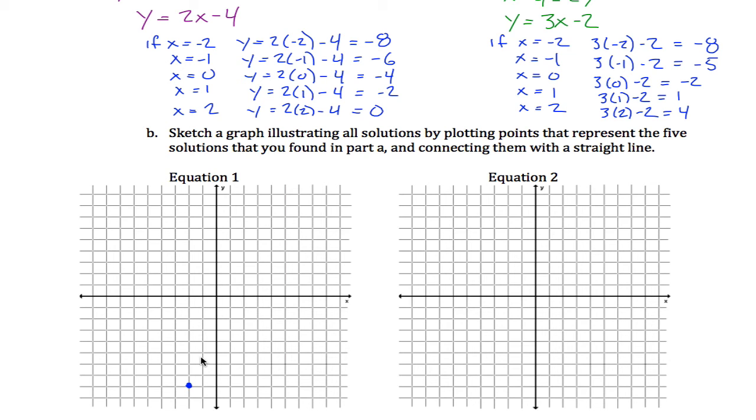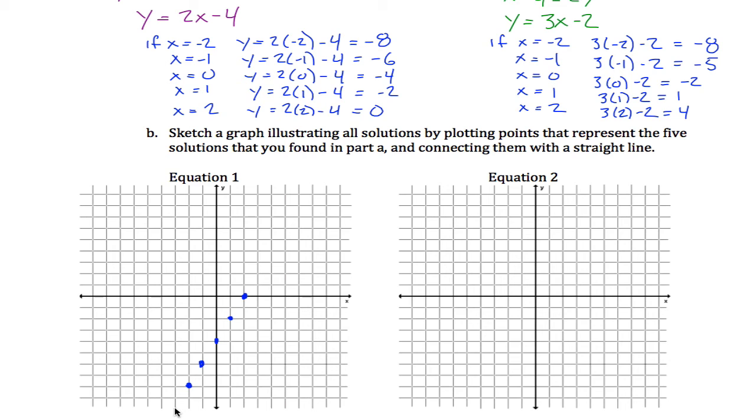So here's negative 1, and I go all the way down to 6. If x equals 0, my y value should be negative 4. 1, 2, 3, 4. And if x equals 1, y is negative 2. And finally, if x equals 2, my y value equals 0. So I get all these points.